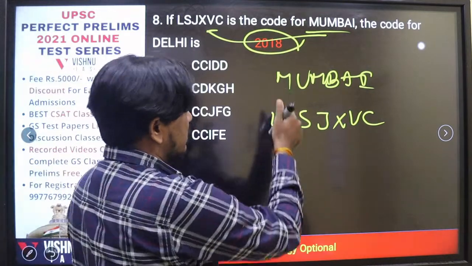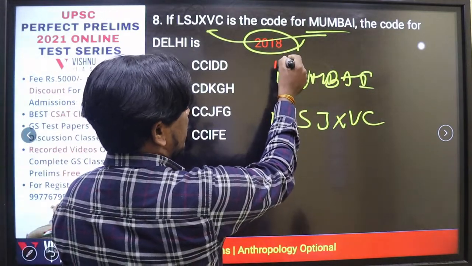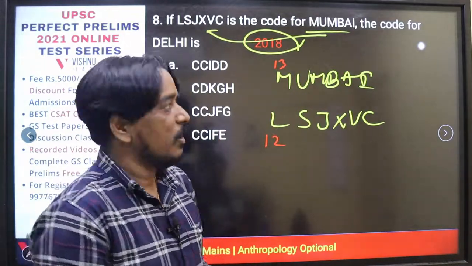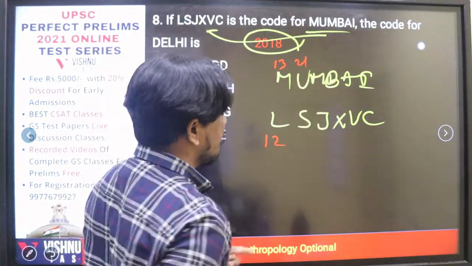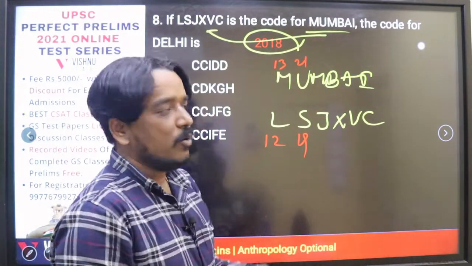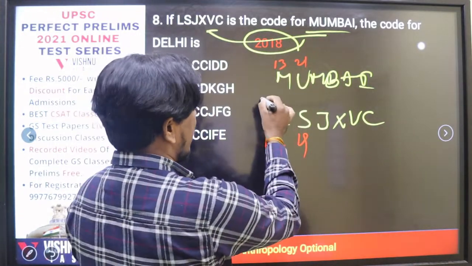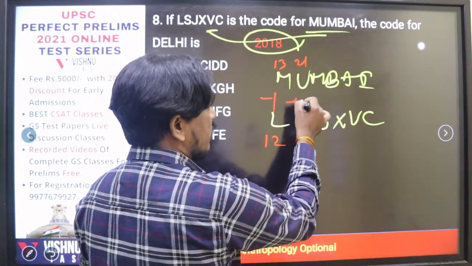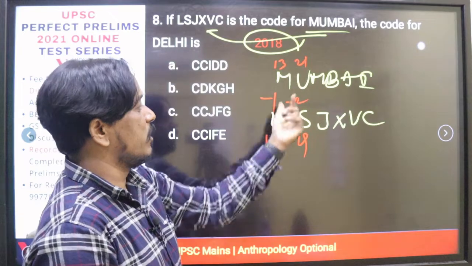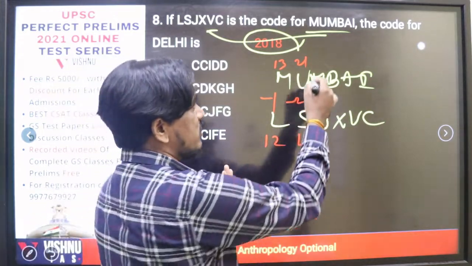All the same position logic is working. Let's check. M is 13, L is 12. If you take the same place, minus 1 is there. But here E is 21 and S is 19. What is the pattern here? Here we are taking minus 1. Here we are getting minus 2. Clear? So 19 plus 2 is 21, or 21 minus 2 you can take 19, but the minus 2 logic is there.